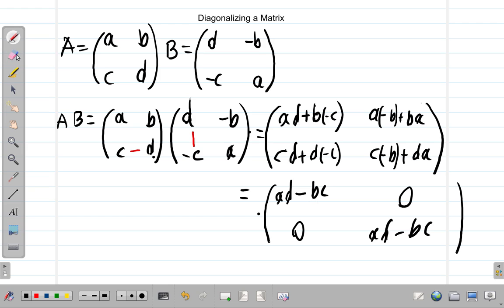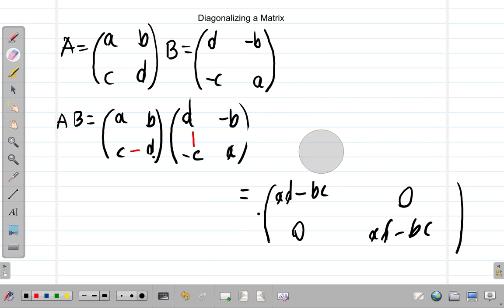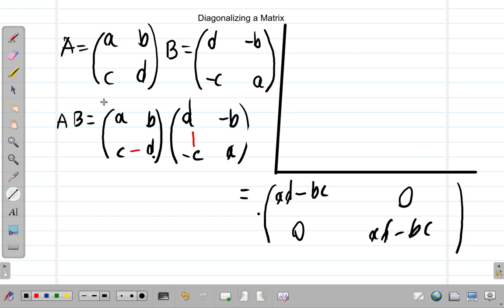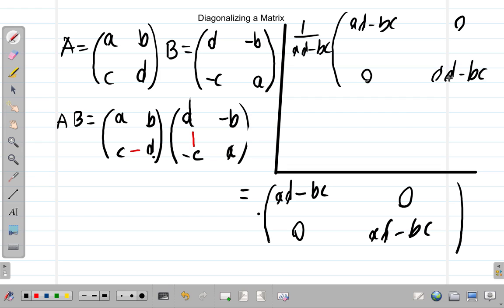Alright, what to do? Let's erase some of these things up here to find space. I'm going to multiply this matrix. Let me put a line here, a partition to separate the work. I want to multiply this by 1 divided by AD minus BC. 1 divided by AD minus BC times AD minus BC, 0, 0, AD minus BC.